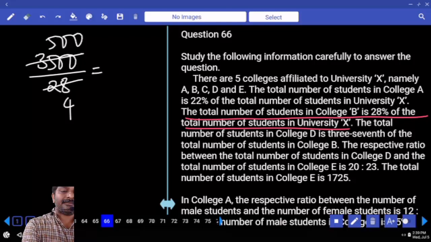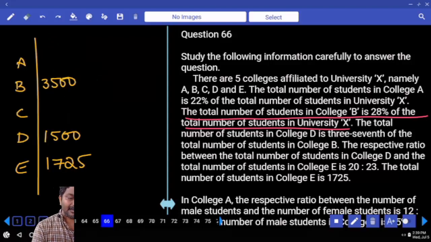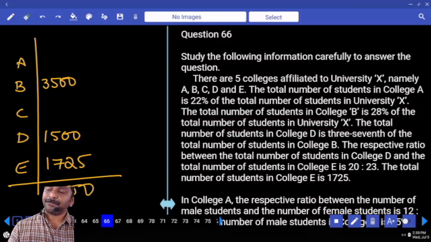Half and half. That means 1% value is 125. Total value is equal to 100%. So total it is 12,500.